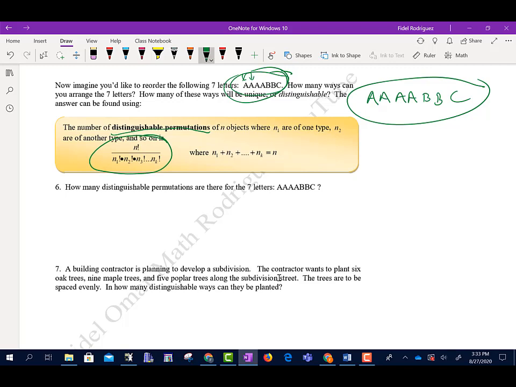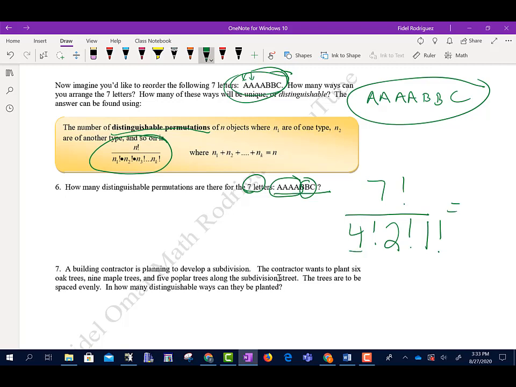Okay, so it tells me how many letters there are. There's a total of 7 letters here, so we're going to write 7 factorial. How many A's do we have? We have 4 A's, so we're going to put 4 factorial. How many B's do we have? We have 2 B's, so we're going to put 2 factorial. How many C's do we have? We have 1 C, so we're going to put 1 factorial.